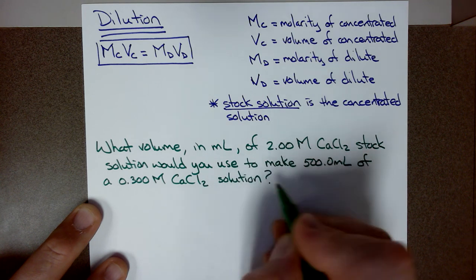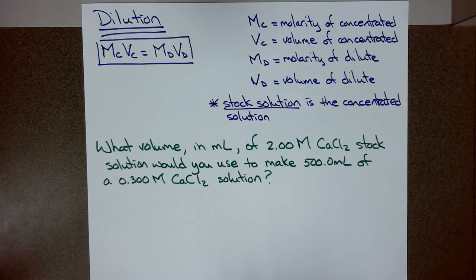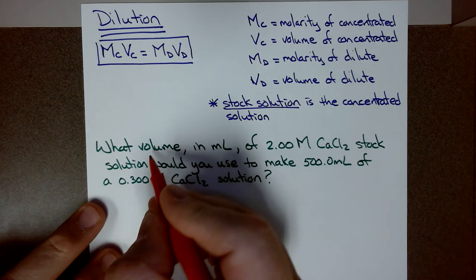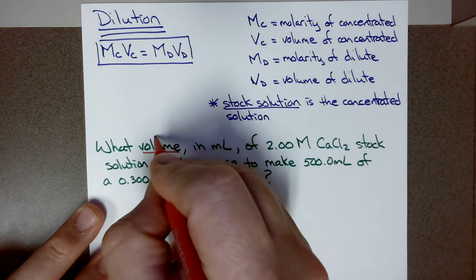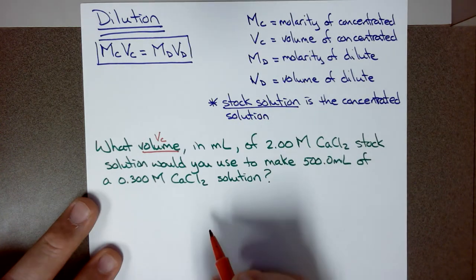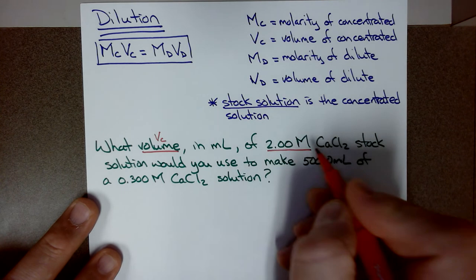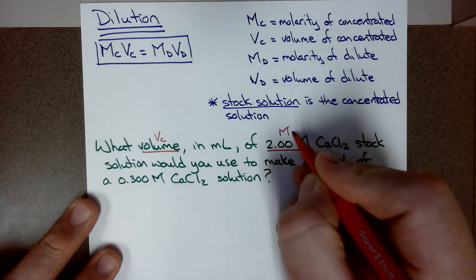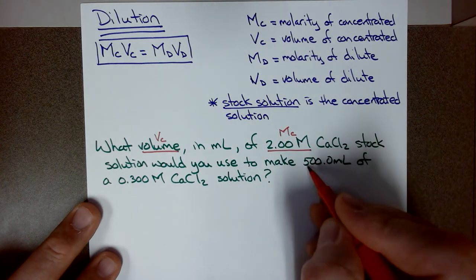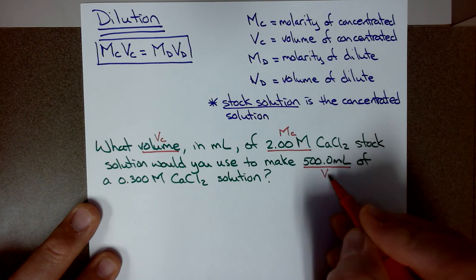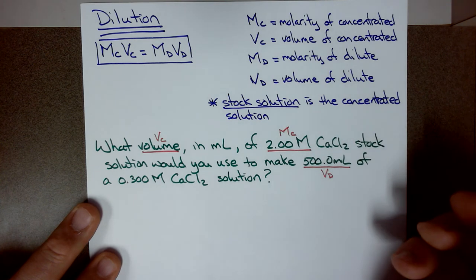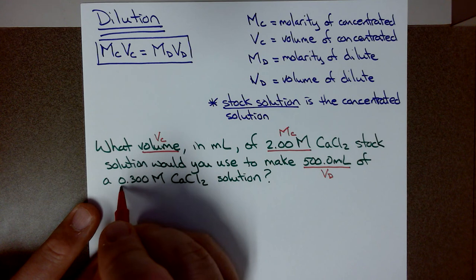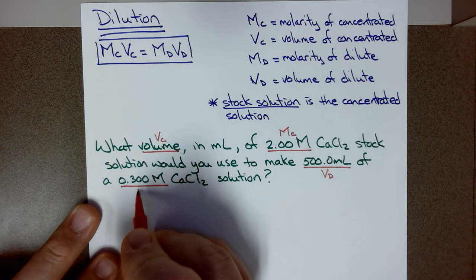When I go through this, I realize that I am looking for a volume. That volume is going to be the volume of the concentrated. This is the molarity of the concentrated. This is the volume that I want to dilute to, so that's the volume of the dilute, and this is the concentration that I want, so that's the molarity of the dilute.